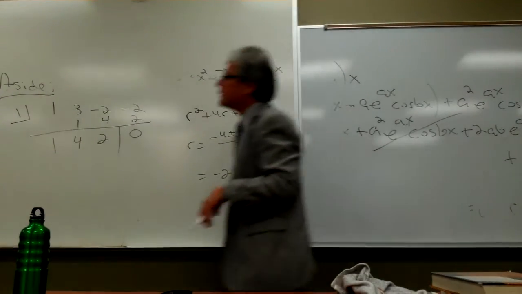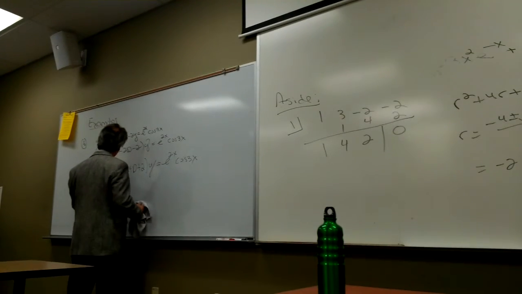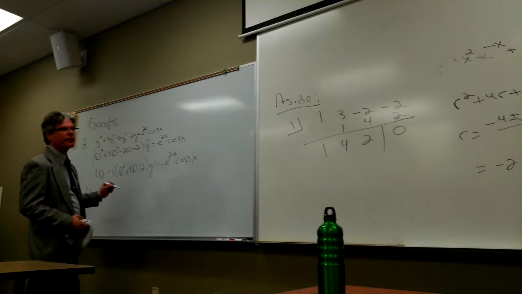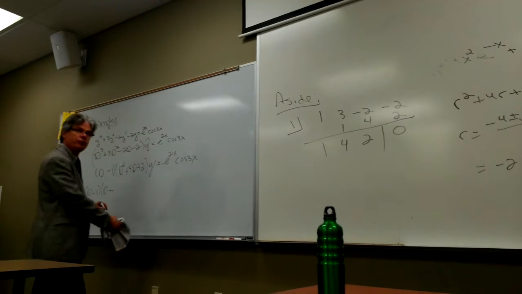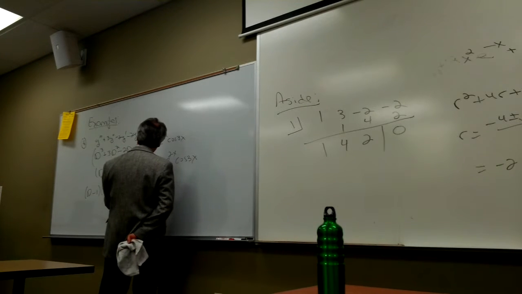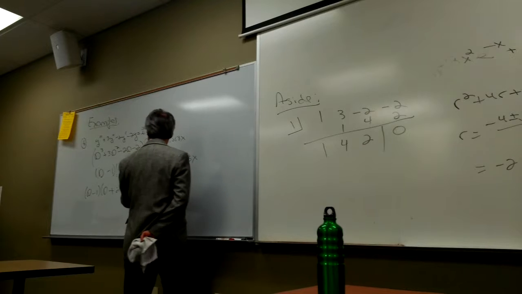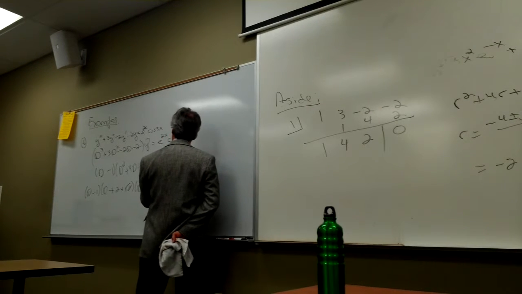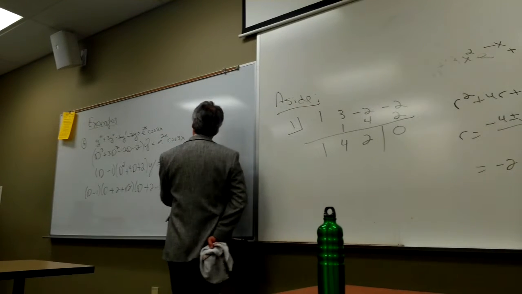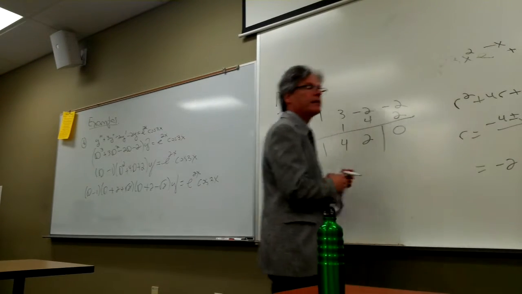And so I think I get D minus 1 times D minus, and negative 2 minus root 2, times a D minus negative 2 plus root 2. All right, you guys, I'm ready for you to annihilate.